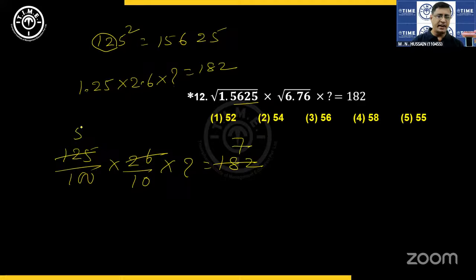Now 25, 5 times, 25, 4 times, 5 here 2 times. 2 into 4, 8, 8 into 7, that is 56. Now the choice, option 3. Third choice is the right answer.